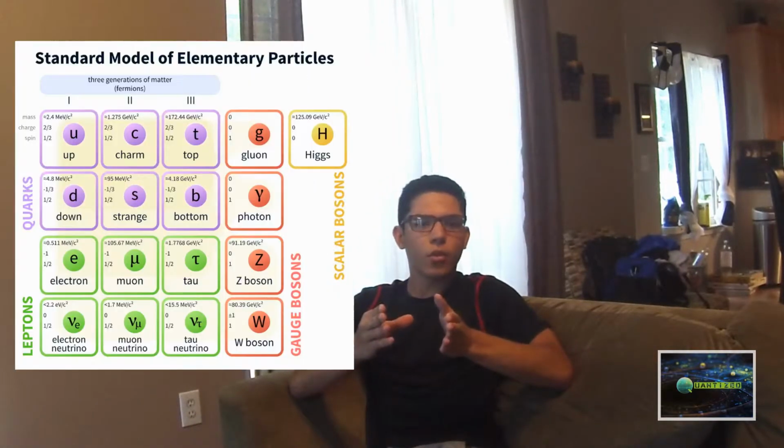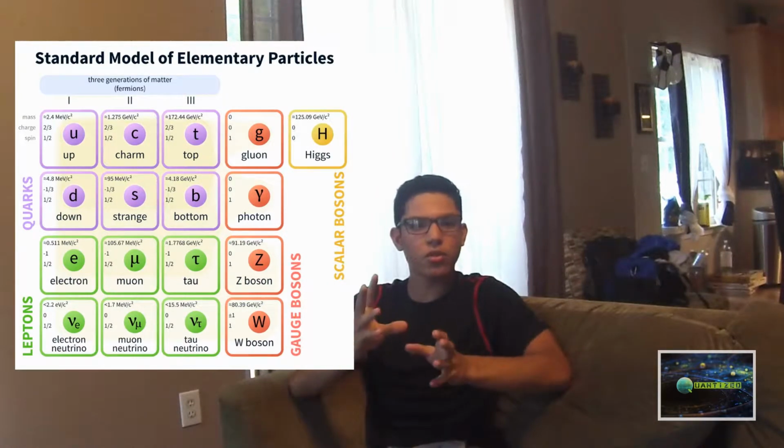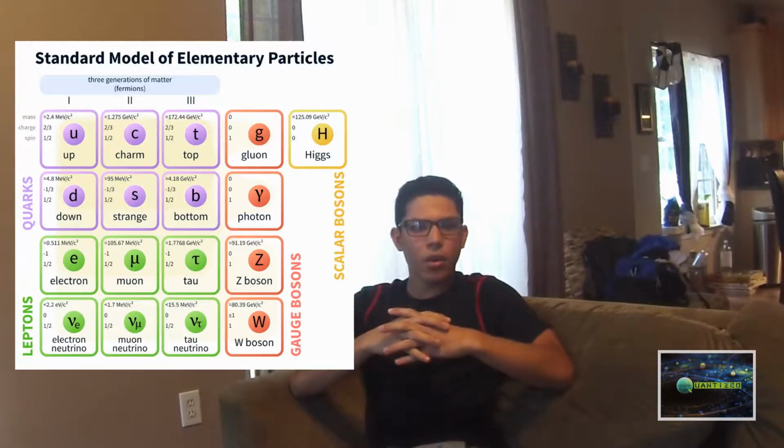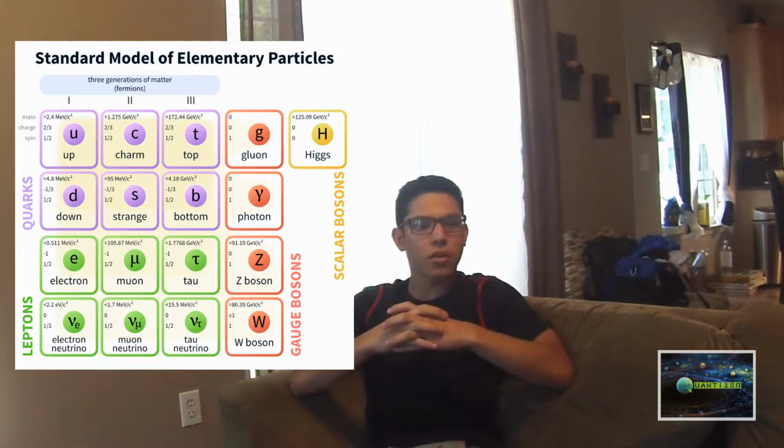Within the fermion group, you have quarks and leptons, the two main families. Within the quark family, you have up quarks and down quarks, which compose the nucleons, the neutrons and protons. Aside from those, you have charm quarks, strange quarks, top quarks, and bottom quarks.